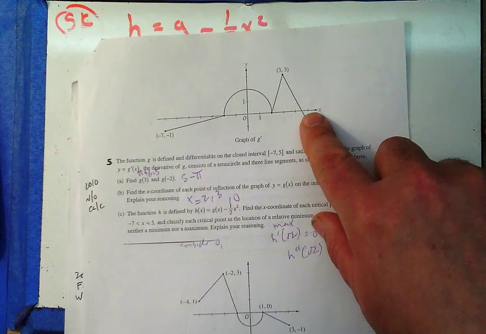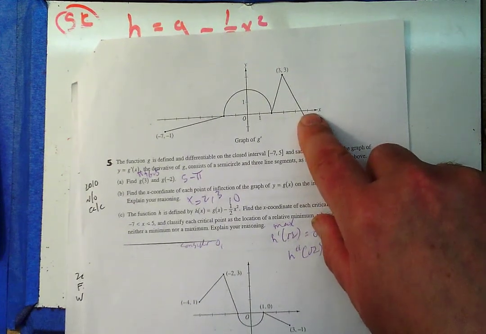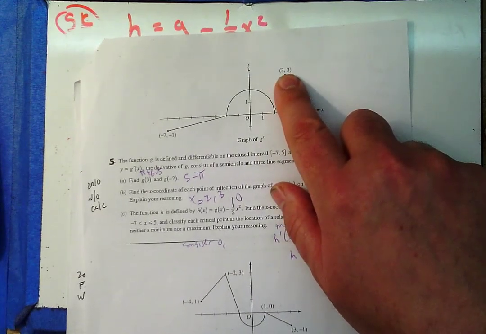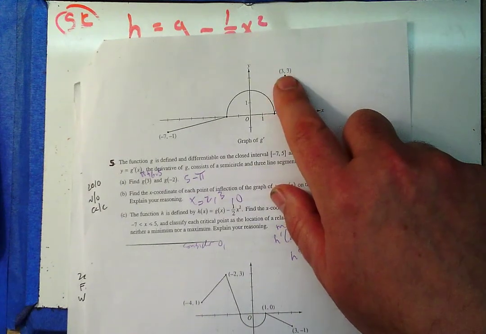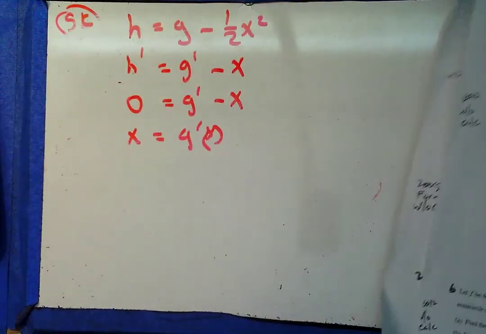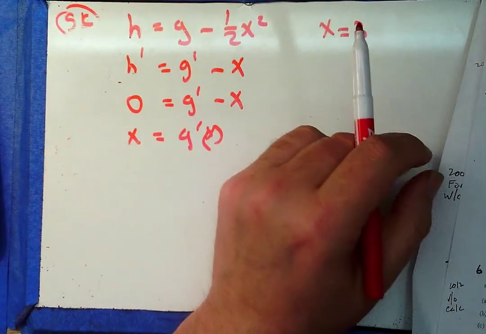But now I've got x values that are positive and y values that are negative, so they're not going to be equal to each other. Oh, look at that. The x values and y values are the same. So I know here 3, 3 is going to be a place. That's a critical value. X equals 3 is a critical value.